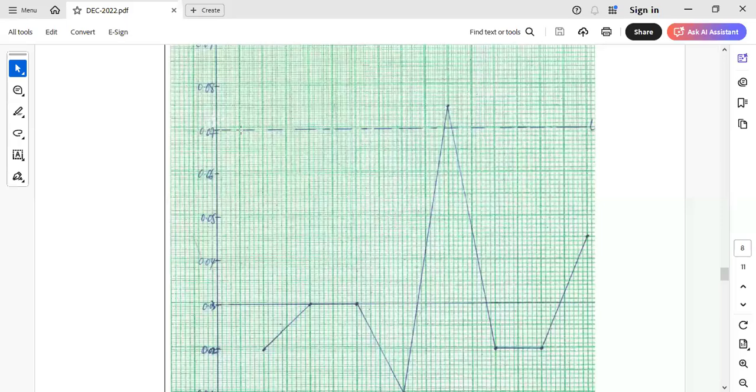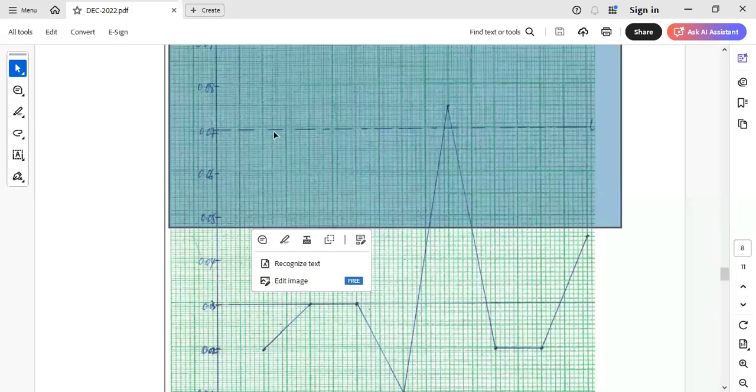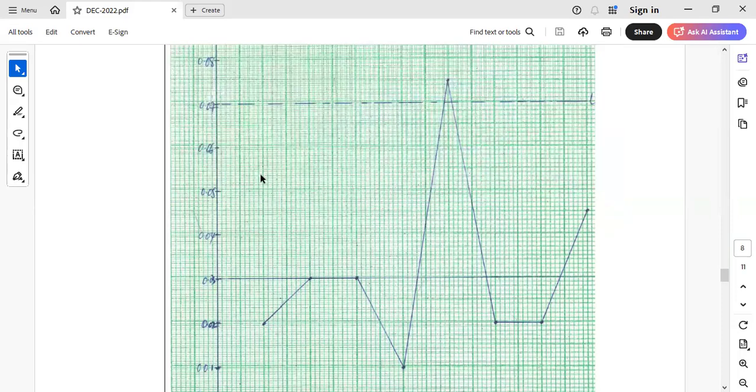This is the line showing the upper control limit. I put a dotted line indicating that this is my upper, and I name this line as upper control limit proportion.